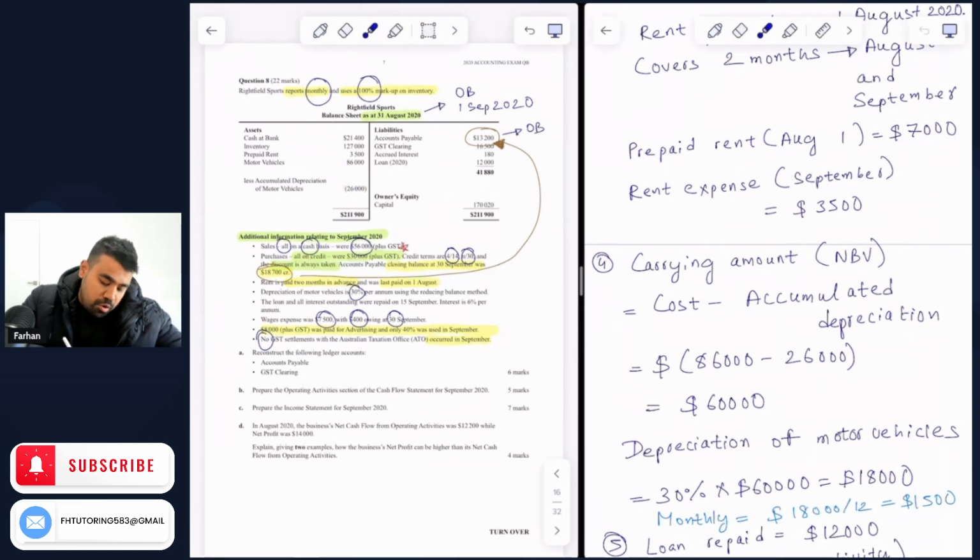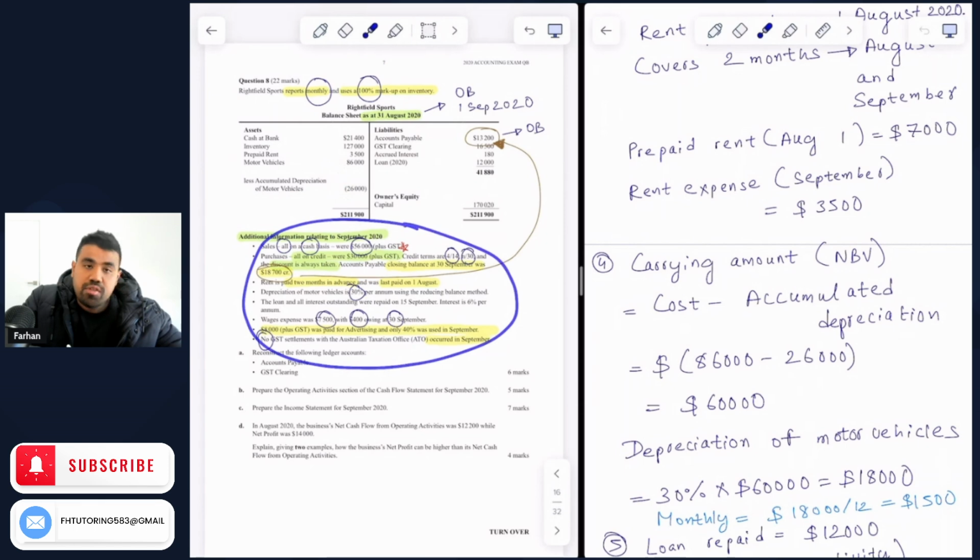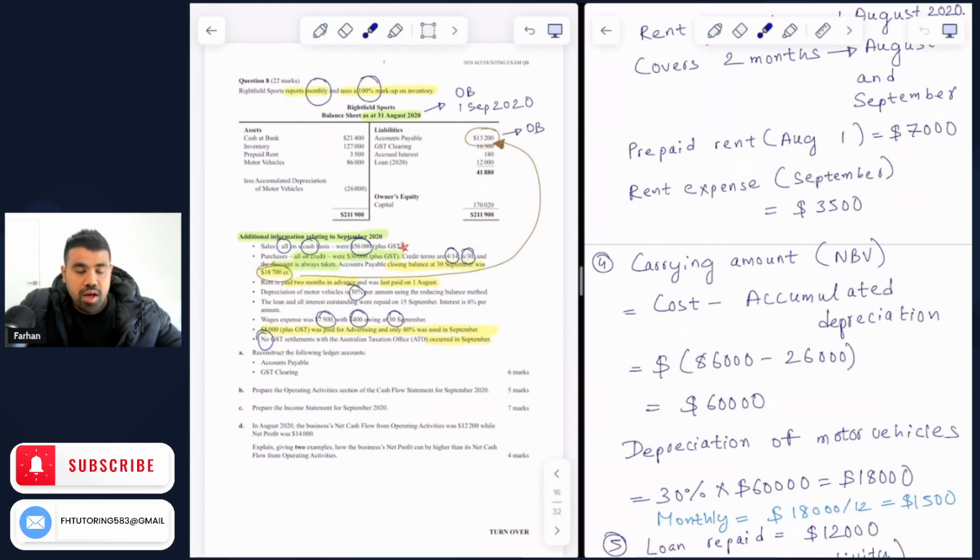Given that during the month of September 2020, we haven't purchased any motor vehicles, nor have we sold any motor vehicles, there's nothing really to do in terms of other adjustments. So we simply find the carrying amount or the net book value by subtracting the accumulated depreciation from the cost, and that is $86,000 minus $26,000, and that gives us $60,000.